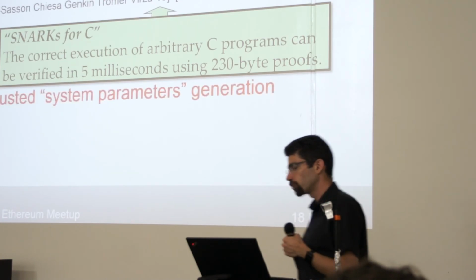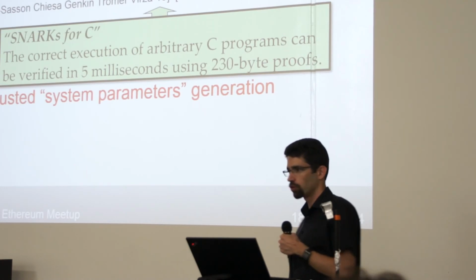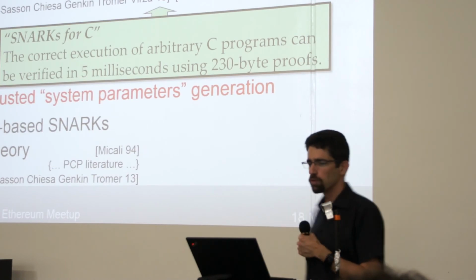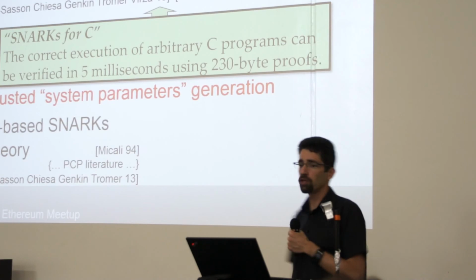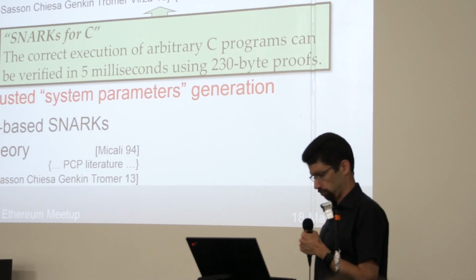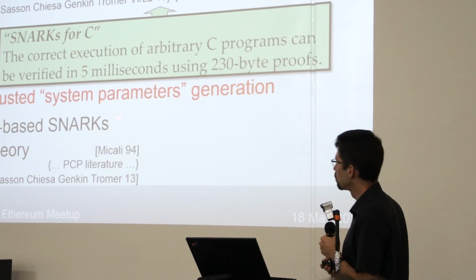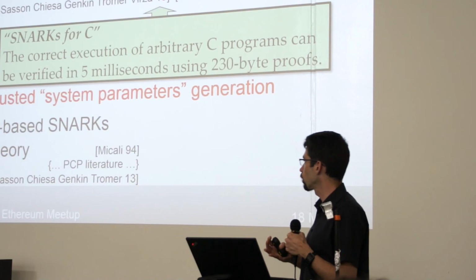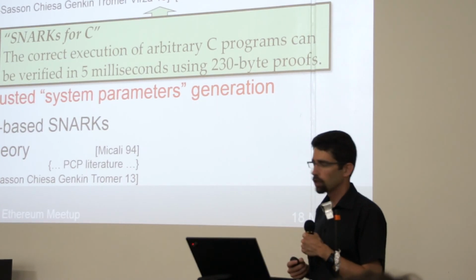These systems do have the drawback of having that trusted public parameters or system parameters generation, which we'd really like to get rid of. And in theory, we know how to do that using probabilistically checkable proofs. These do have a much longer history. So Micali in '94, following the work of Kilian, first showed how to use PCPs to create what we can now call snarks.